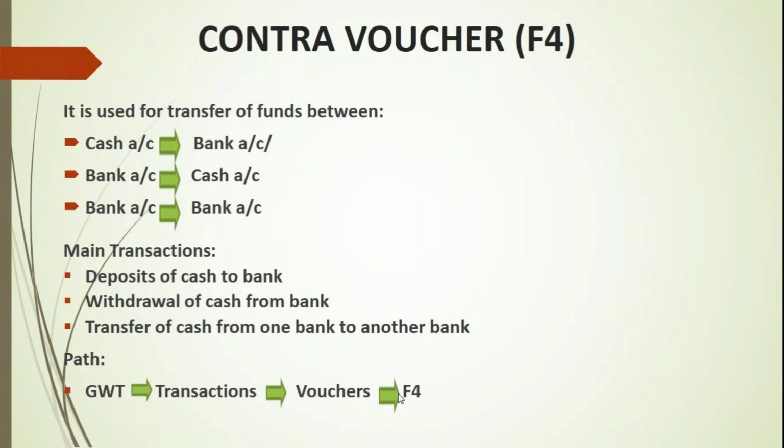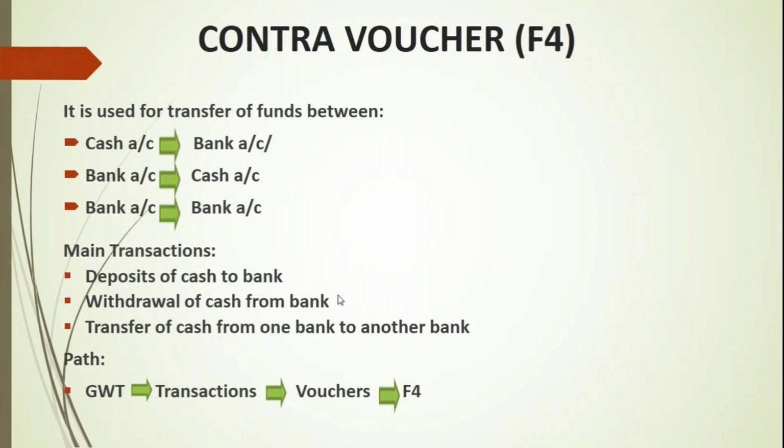So here I've given what kind of transactions are covered for contra entries. We have deposit of cash into the bank, withdrawal of cash from the bank, transfer of cash from one bank to another bank. So only these three transactions find a place in the contra voucher.